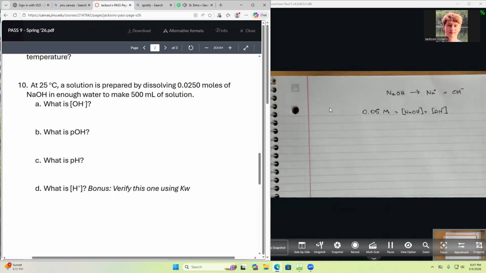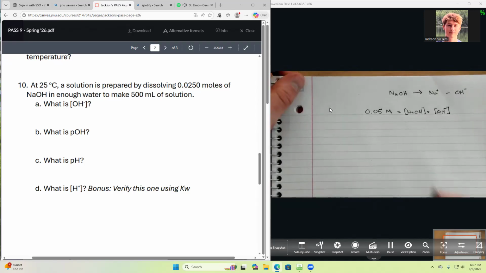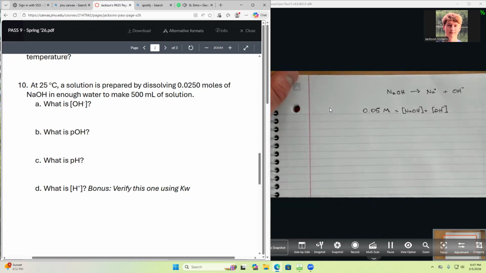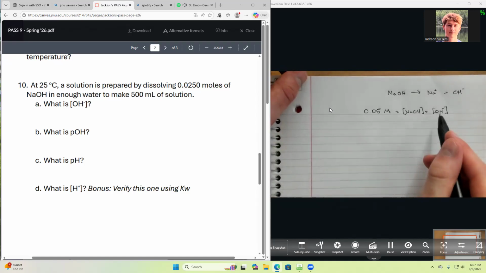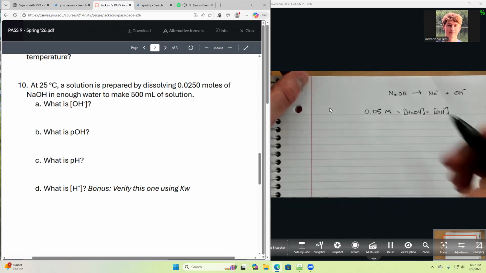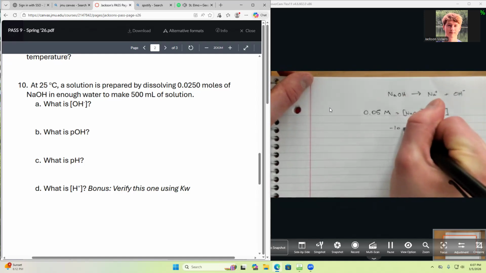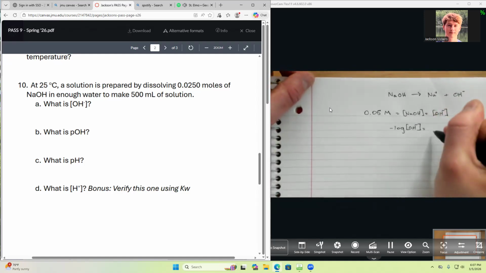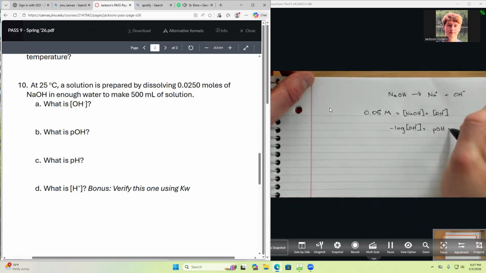Someone tell me, if we have the concentration of OH minus, what's probably the fastest way that we could get pOH? Inverse log. Yep. And if you still have to look at your notes, it's totally okay. It takes a little bit of time to memorize all these. But anytime we're going from the concentration of hydroxide ions, the negative log of that is going to get us our pOH.